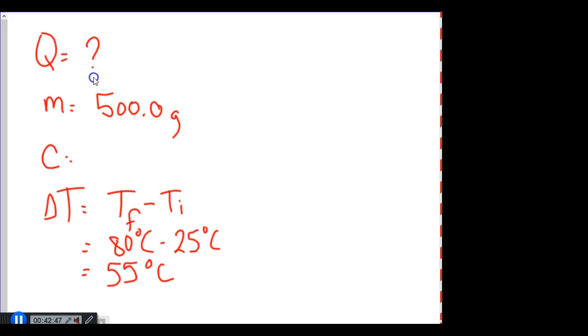Water. Where are you going to find the specific heat capacity of liquid water? You've got it, Stefan, 4.19 joules per gram degree Celsius. If you're not seeing where Stefan is looking, you need to turn to that data table that I gave you.